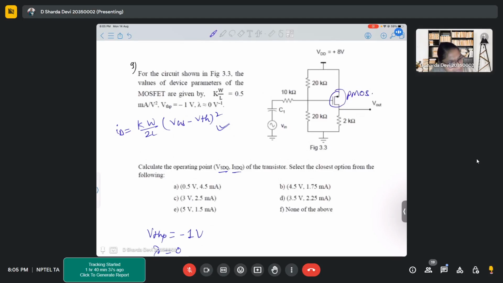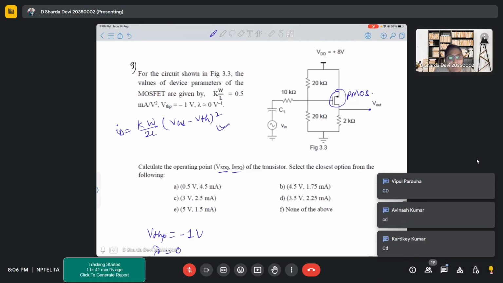And what type of configuration is this? Common source? How many of you agree with common source? And how many of you say it is common drain?